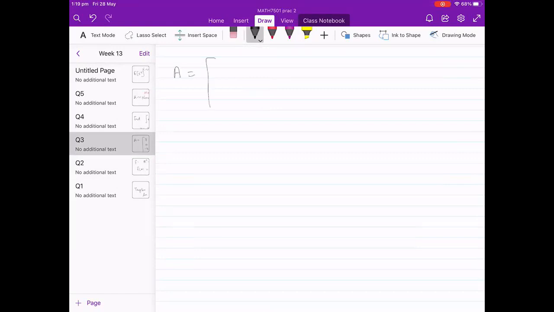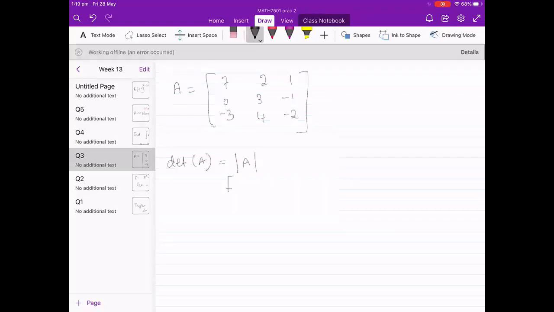A equals, let's say you got 7, 0, negative 3, 2, 3, 4, 1, minus 1, minus 2. And what's the determinant of A? What would be your approach?